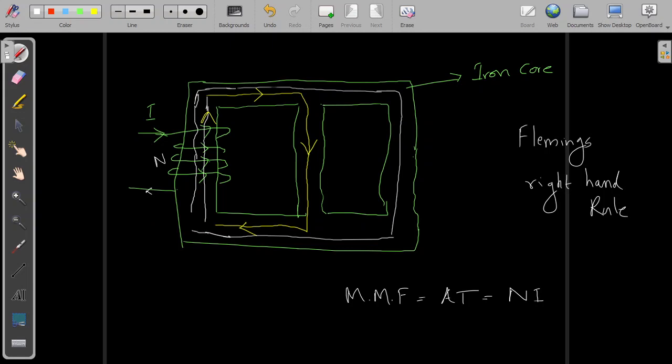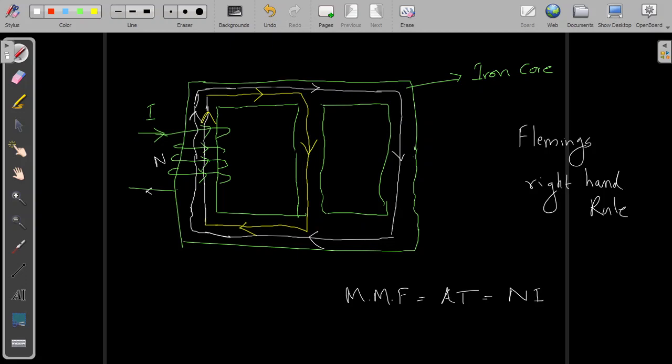Yes, like this, and here it will be like this, in this direction, and forms the closed loop like this.